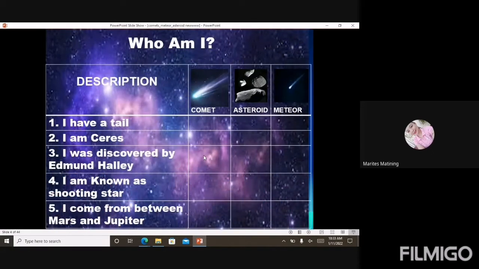Let's look at this first before we proceed. For each description, tell me if it is for comet, asteroid, or meteor. I have a tail. What could it be? Ira? Ma'am, comet. Very good, Ira. I am Ceres.